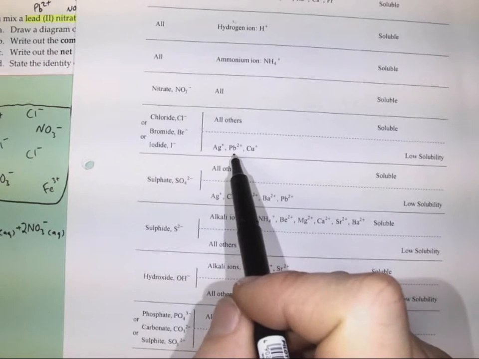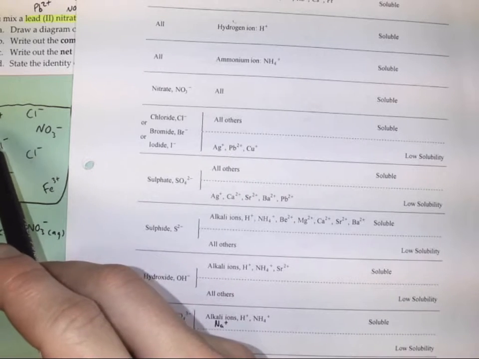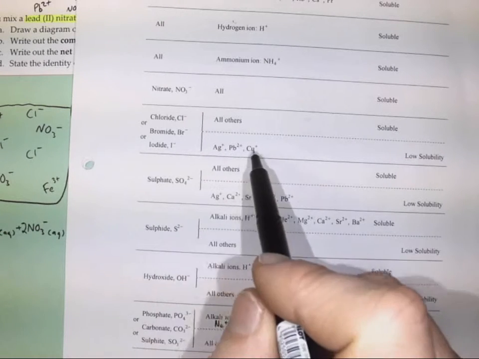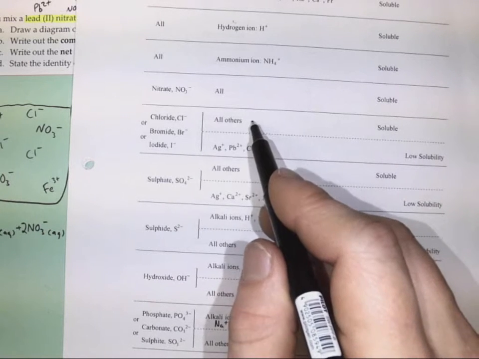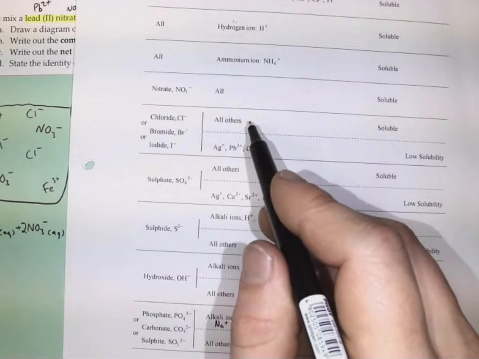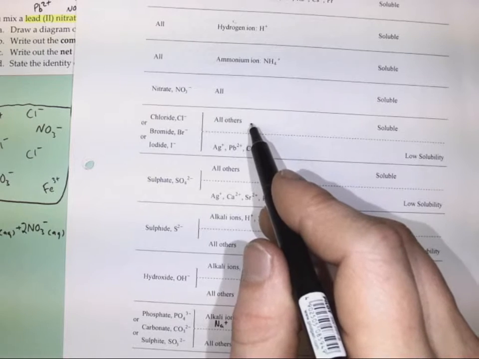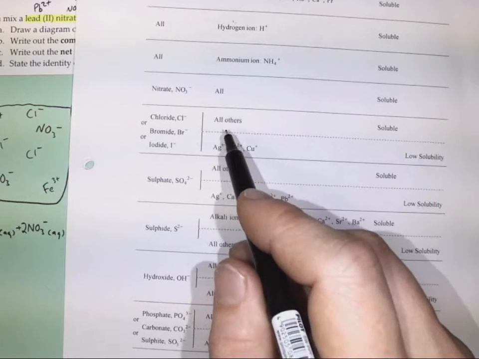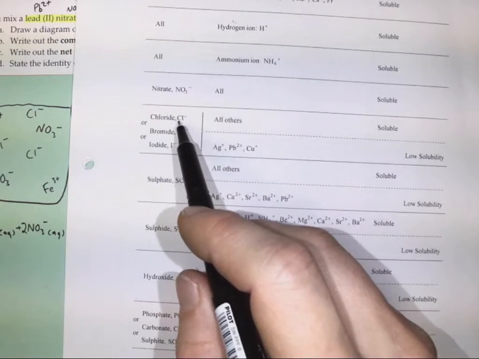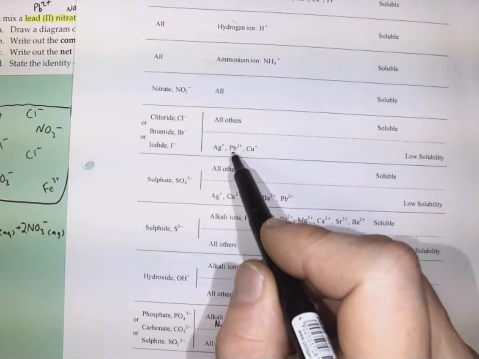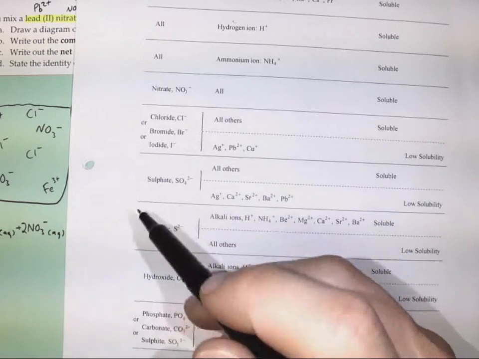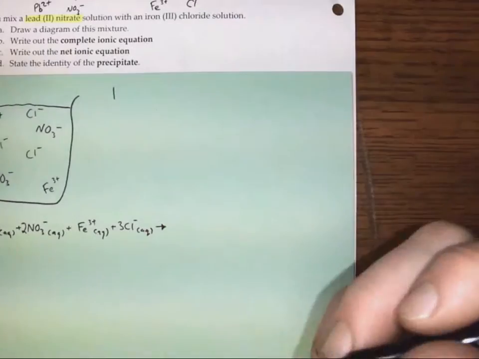Hey, I've got lead 2. Iron 3 doesn't. Iron 3 would be up here. And worth mentioning, so would lead 4, Pb4+, the other valence of lead. The other valence of lead is not a low soluble compound with chloride, but this valence, Pb2+, lead 2, will form a solid precipitate with chloride.